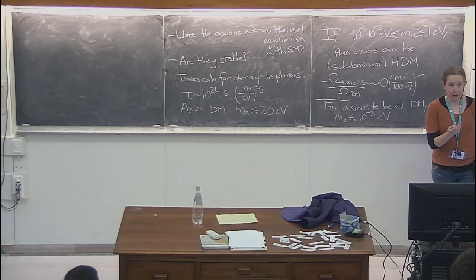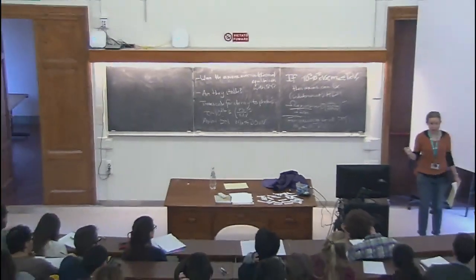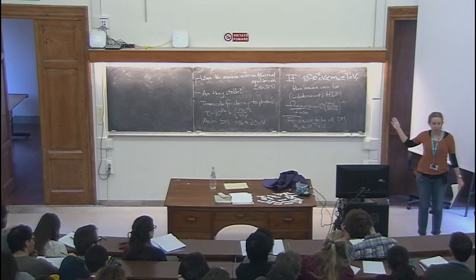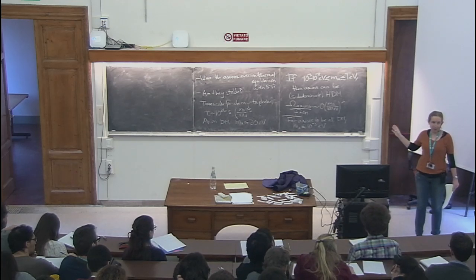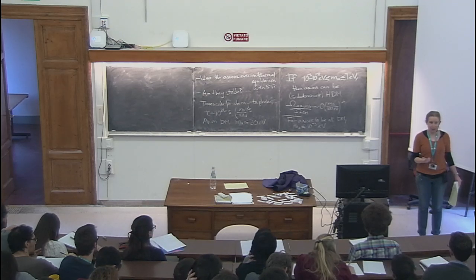Then you just take that number density, multiply by their mass, and ask what's that abundance? If you have anything in the universe that has the same number density as photons, but its mass is like 10^-4 or 10^-5 eV, it's not going to contribute much to the total mass budget. That's true, but this is only true for thermal axions.